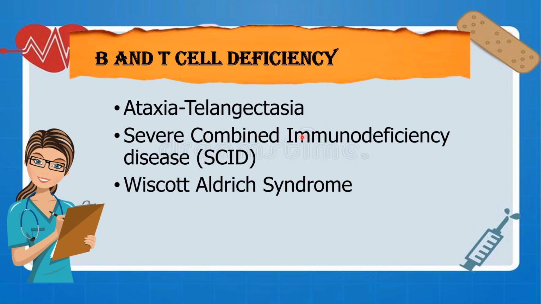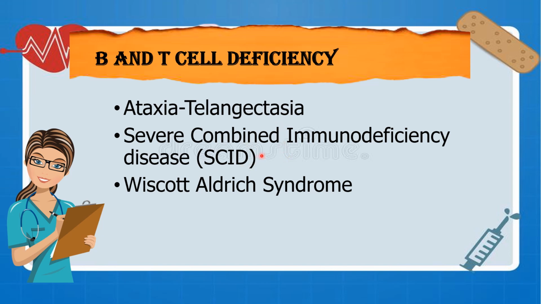And then the manifestations become more severe with increasing age. It occurs in the first 4 years of life, and it can survive till the fifth decade. So the manifestation usually starts by the second decade of life.